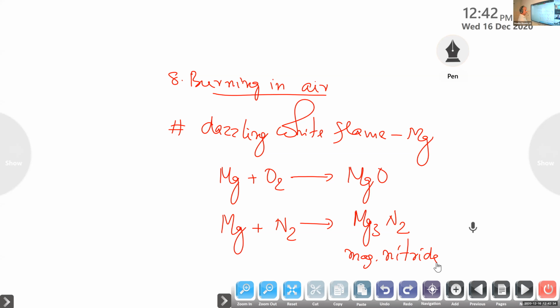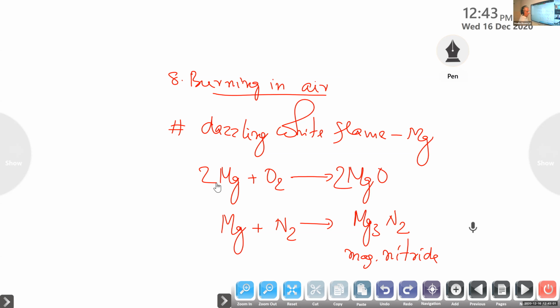How to balance this? You take Mg plus O2 giving MgO, and on the left hand side there is O2, so you can write 2 MgO. Now magnesium becomes 2 on the right hand side, so 2 Mg plus O2 giving 2 MgO.